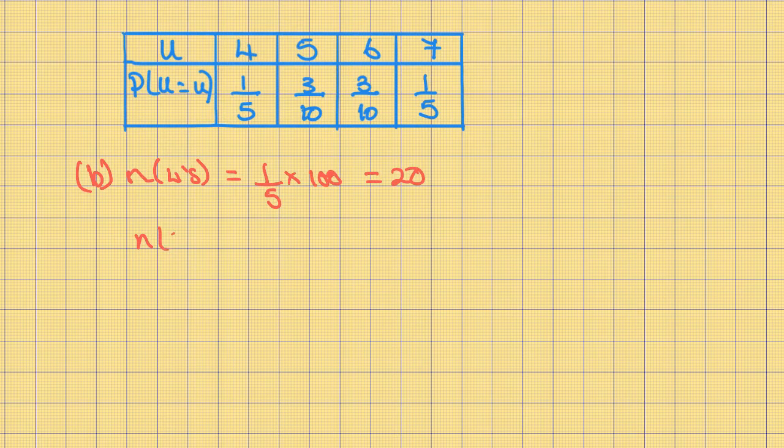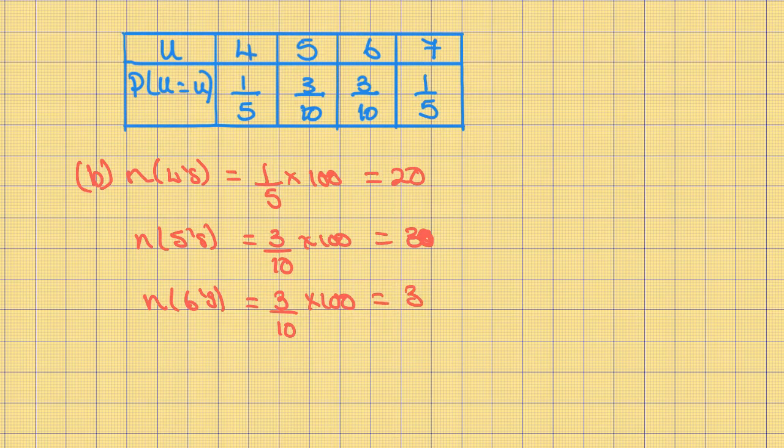The number of 5s is equal to 3/10 times 100, which equals 30. The number of 6s is equal to 3 out of 10 times 100, which equals 30. The number of 7s is equal to 1/5 times 100, which equals 20.